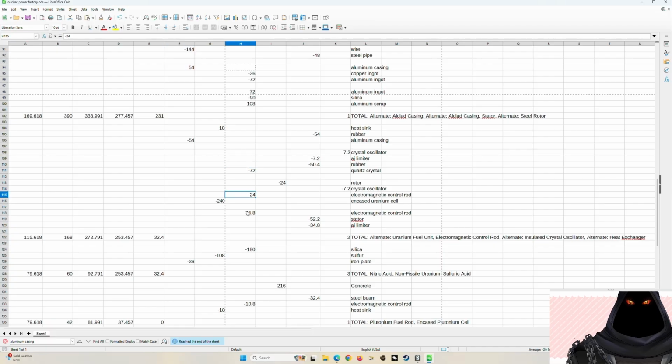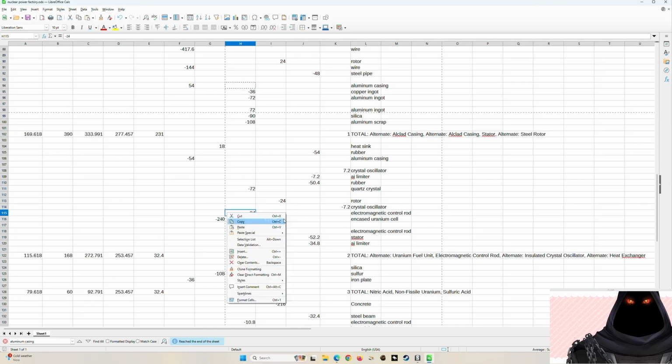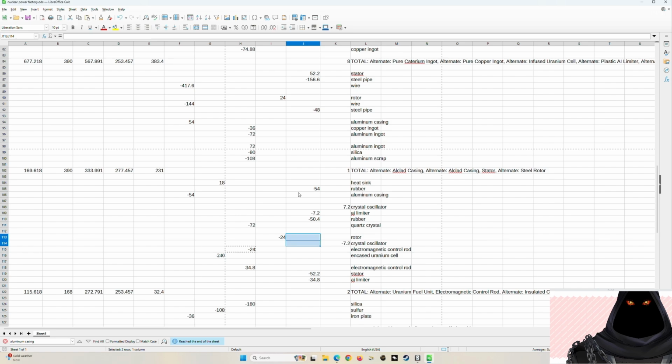We still have a lot of stuff here. So we have quartz crystal, crystal oscillator, AI limiter and rubber stator. So I'm using up all the lines here, and we still have a lot. We have 5 items being pulled. I can't meaningfully massage this any further because I'm still gonna have to pull extra stuff off of this, unfortunately.